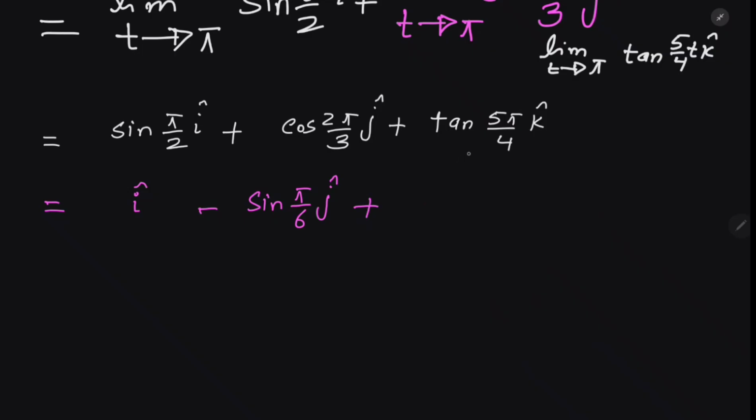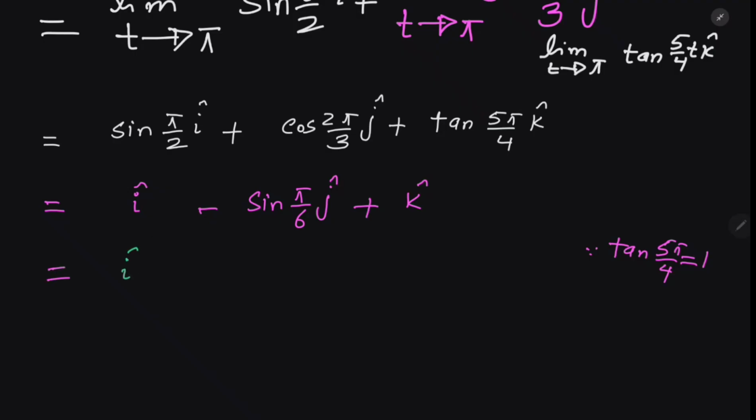Similarly, you can find the value of tangent 5 pi by 4 from the calculator if you like. If you check in the calculator, you will get tangent 5 pi by 4 equal to 1, so that is k unit vector.